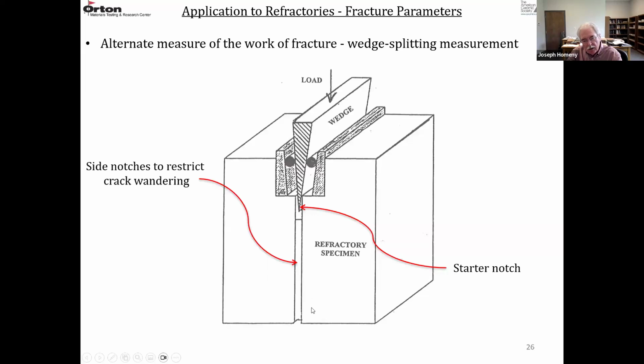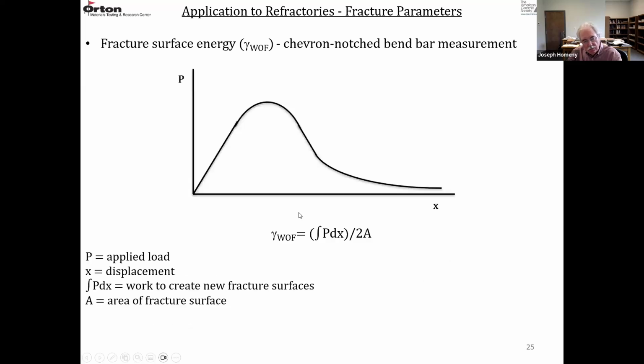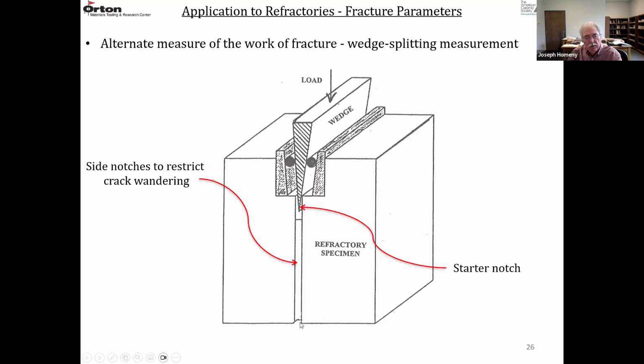Why this is relevant is because of the wake process zone. If it's extremely large, you need a large sample. A lot of the early work on these work of fracture samples, I believe, is questionable because large crack wake process zones cannot be measured in these short distances, whereas this test has an advantage.